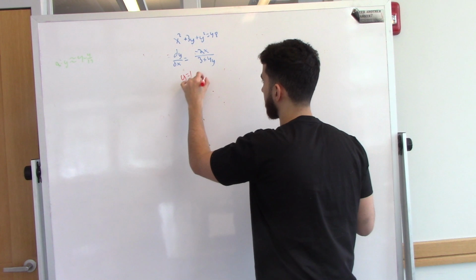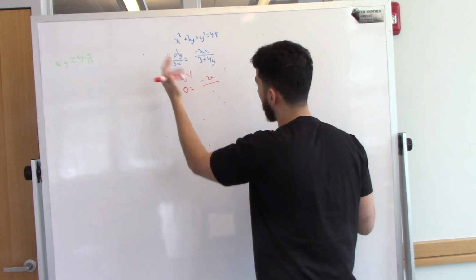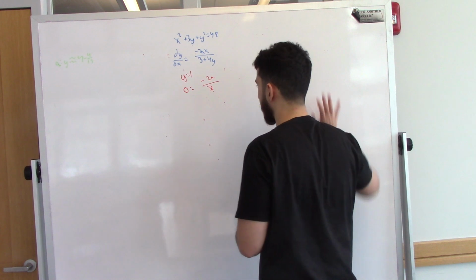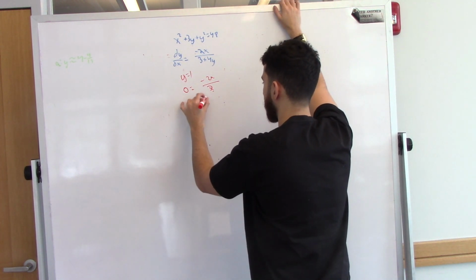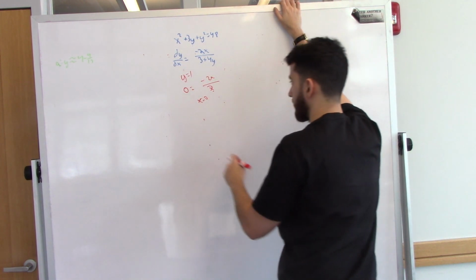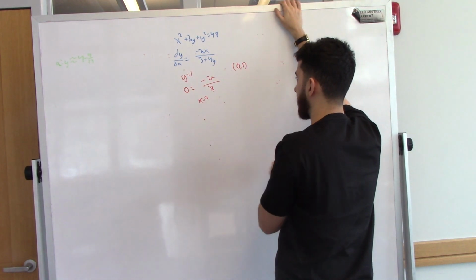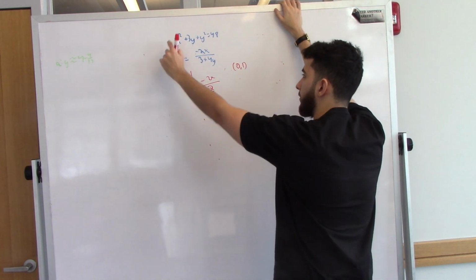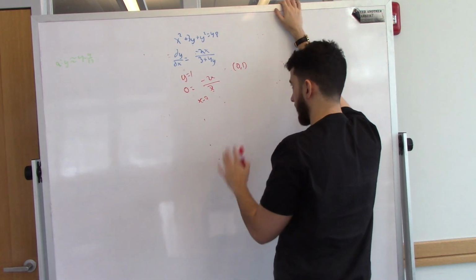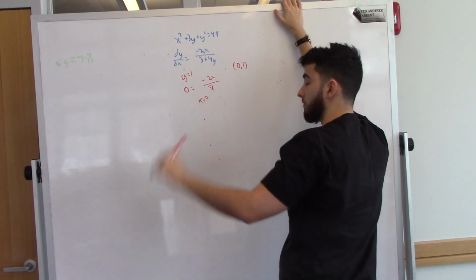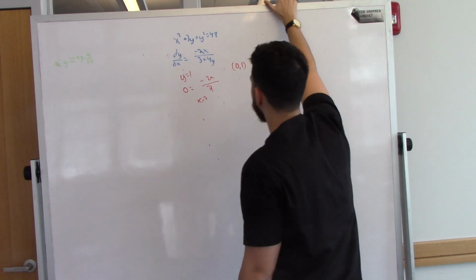So 0 has to equal negative 2x over, well, we know y has to equal 1, 7. Okay, so that means x has to equal 0 for this statement to be true. So if (0, 1), if this point is on our equation, then yes, the line y equals 1 is tangent. If it's not on the equation, it's not tangent at all, because it's not there.